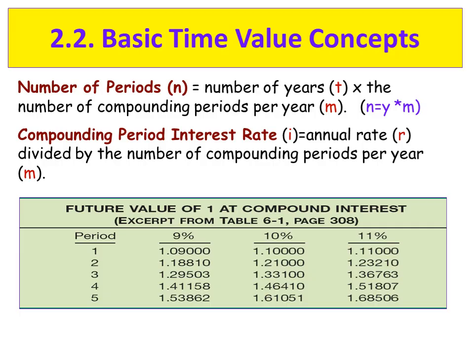Let us calculate number 4: the future value of 1 at compound interest is equal to present value 1 times 1.09, that is the rate, to the power of period 4. This becomes 1.41158. When you calculate using the formula, you can get all of these.